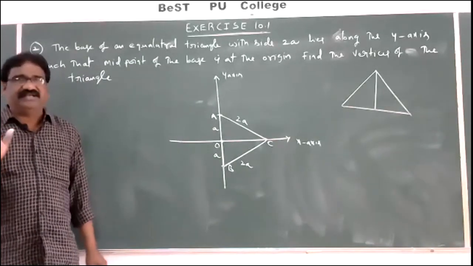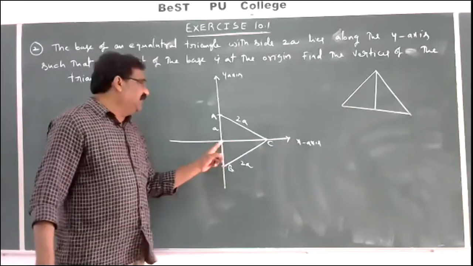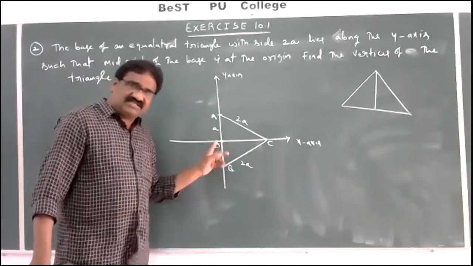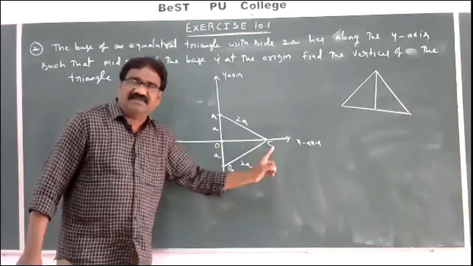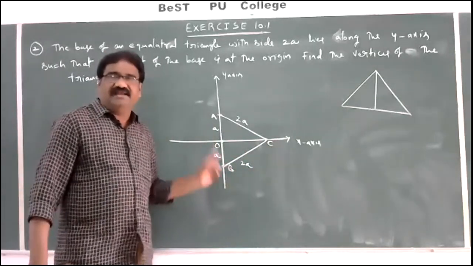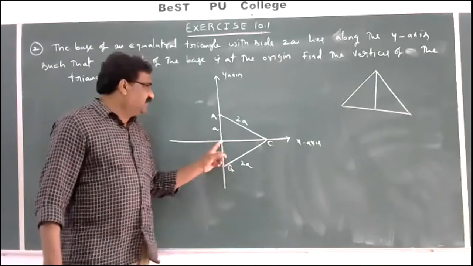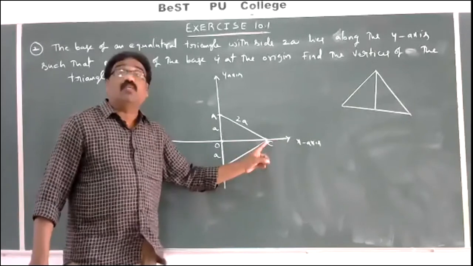You understood my point? Why C lies on the x-axis: because the midpoint is the origin, that's why the x-axis is the median. In an equilateral triangle, median and altitude are the same. That's why this median passes through the vertex.